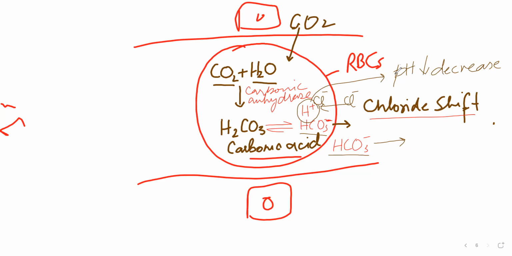And this hydrogen ion will interestingly cause the separation of oxygen from hemoglobin. Why? Because the hydrogen ion will be accepted by the hemoglobin present here, and this hemoglobin has 8 oxygen atoms attached to it.